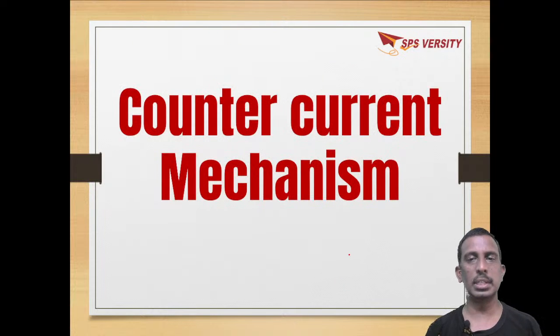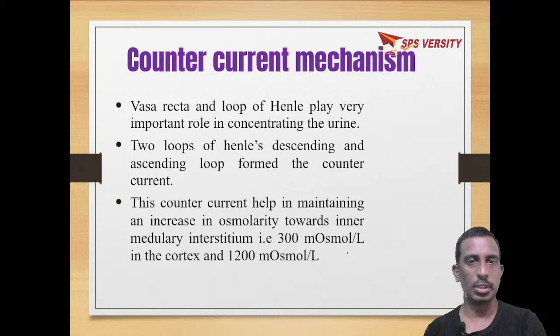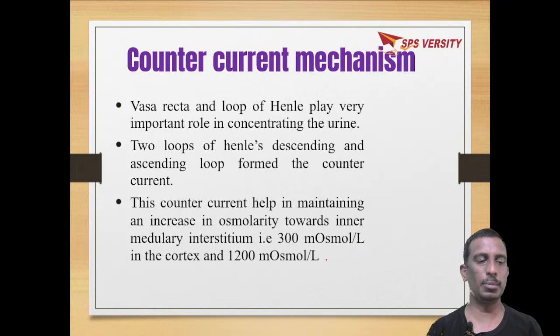Now we are going to discuss the counter current mechanism. Till now we discussed the processes which take place in the nephron. This is a process which occurs in the nephron, that is the counter current mechanism.